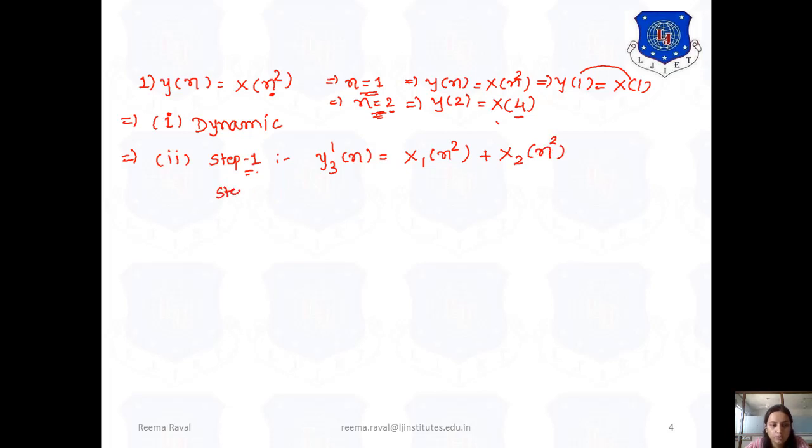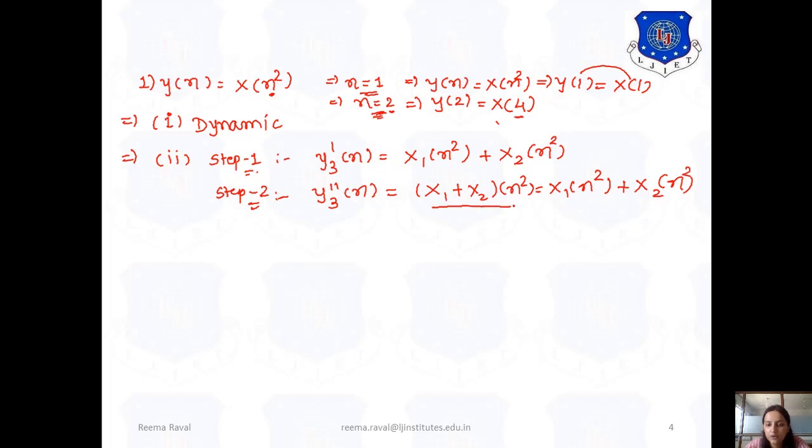Then step 2. We have to consider the combined input and we will denote it as y3 double dash of n. That means we will consider x1 plus x2 of n square. This will give you the same, that is x1 of n square plus x2 of n square. So these both are equal, that means y3 dash of n equals y3 double dash of n.